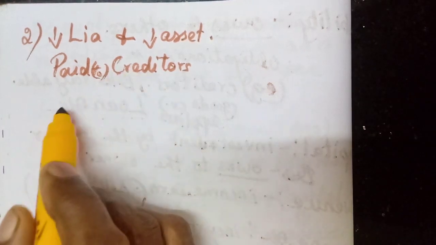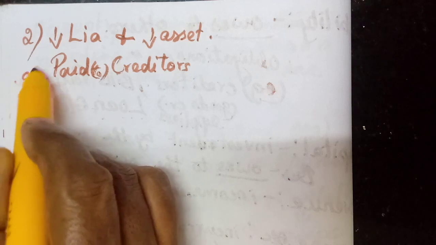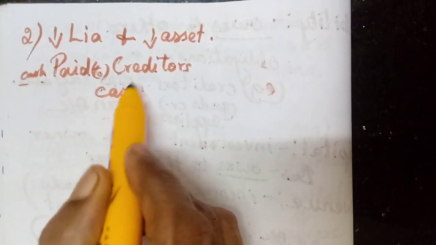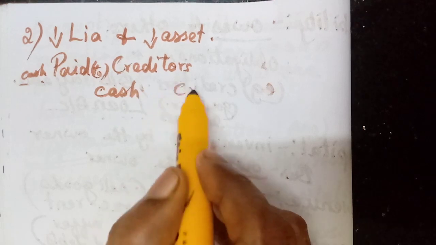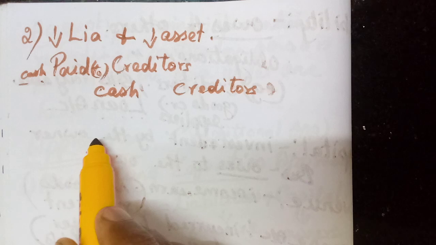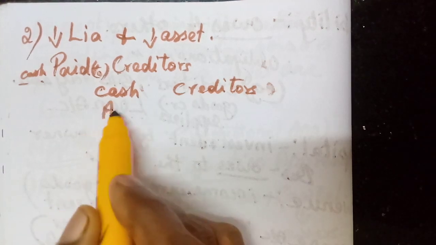Okay, if it is not given, paid creditors means we paid to the creditors. So here, what did we pay? That cash. Isn't it? So what are the two accounts involved here? One is cash, the other one is creditors. Understand? Cash and creditors.